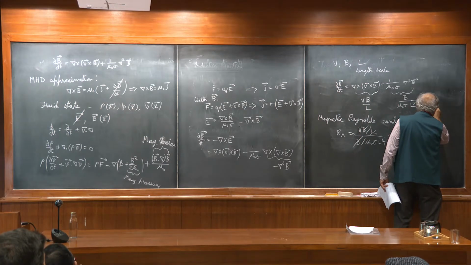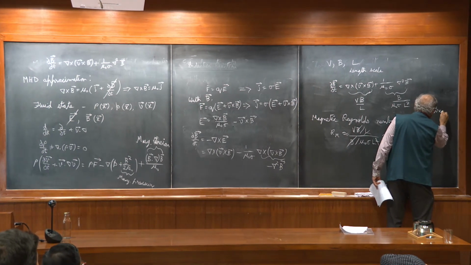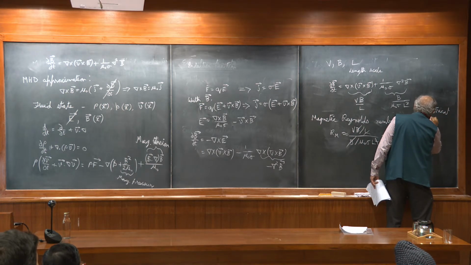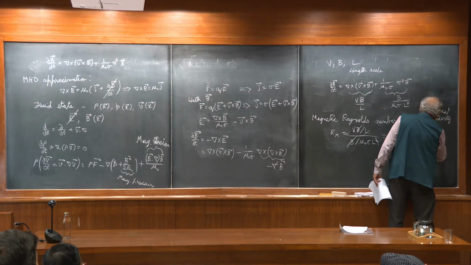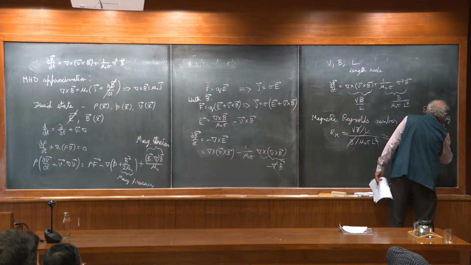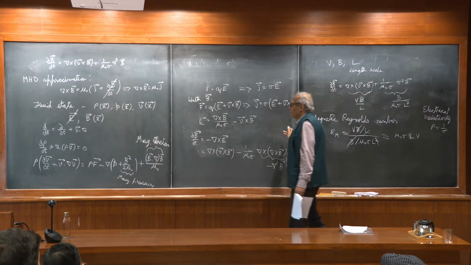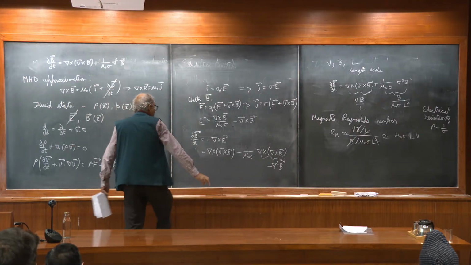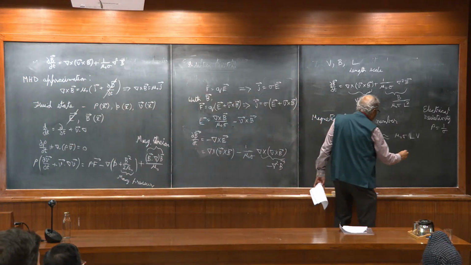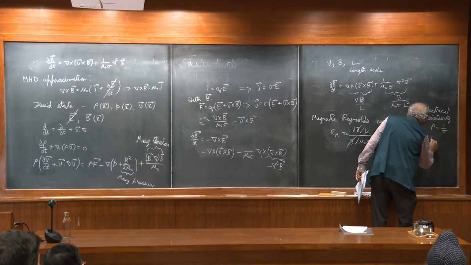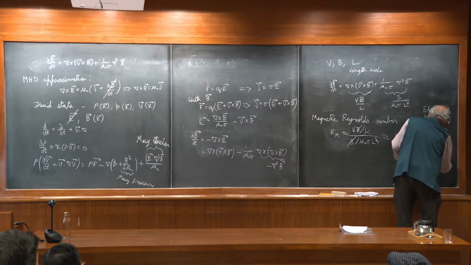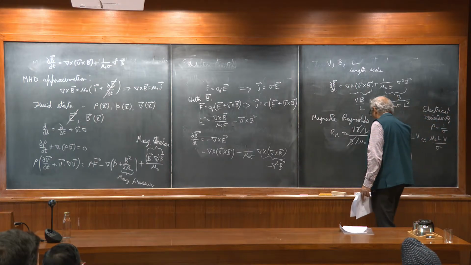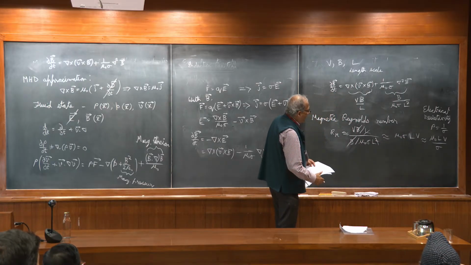Often one introduces electrical resistivity, for which one uses the symbol rho, which is 1 over sigma. Be careful not to confuse this rho with the density rho. So if you use this electrical resistivity, you will have mu 0 L V over rho. This is the expression of the magnetic Reynolds number.